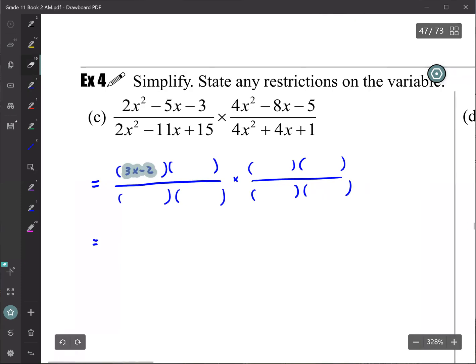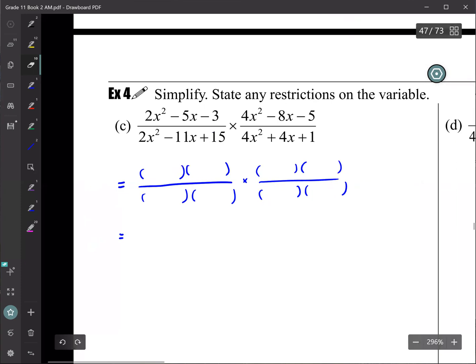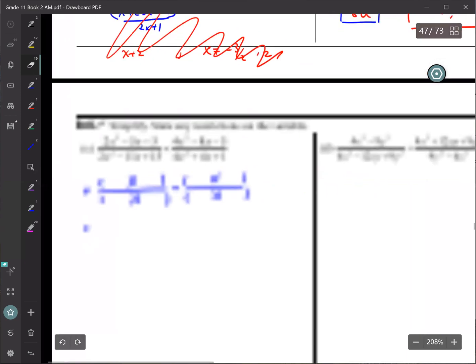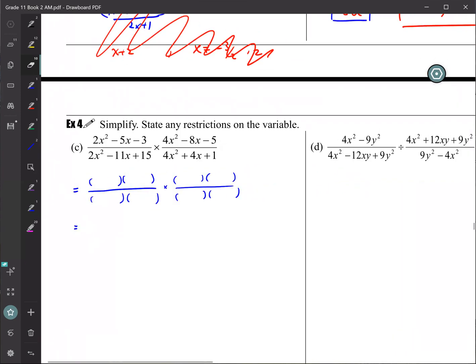You did the wrong question? Yeah, we are on page 43. Okay, everyone, page 43. Yeah, it's the wrong question. It's okay, so go on and factor.